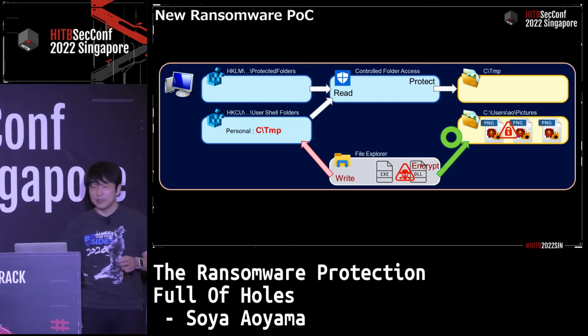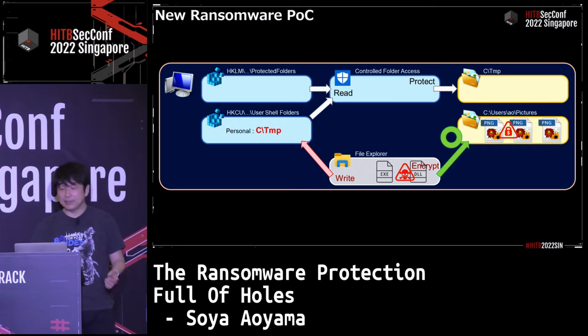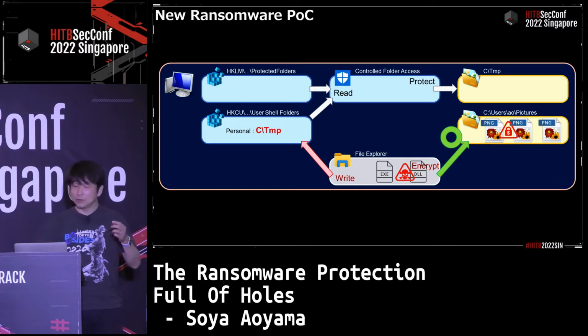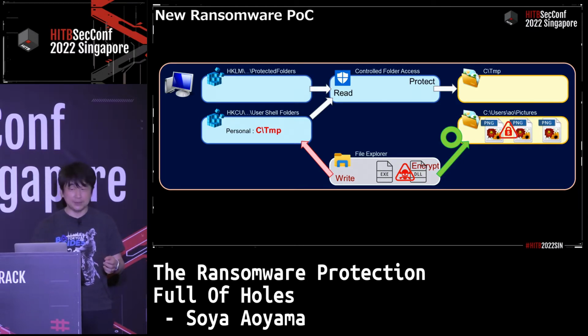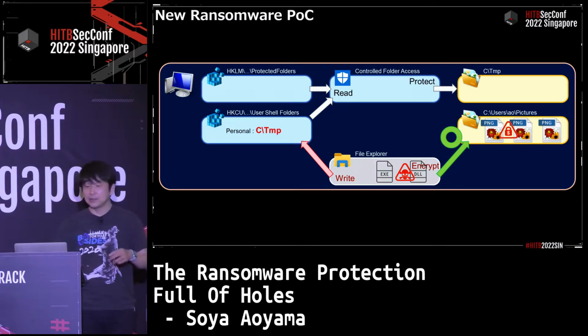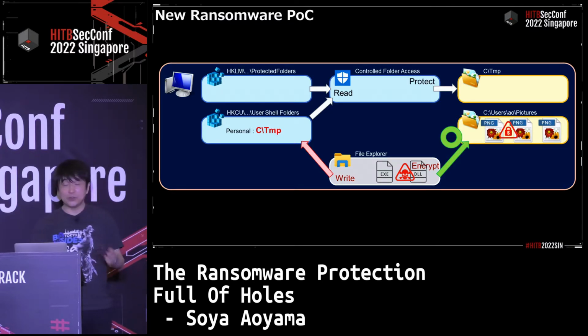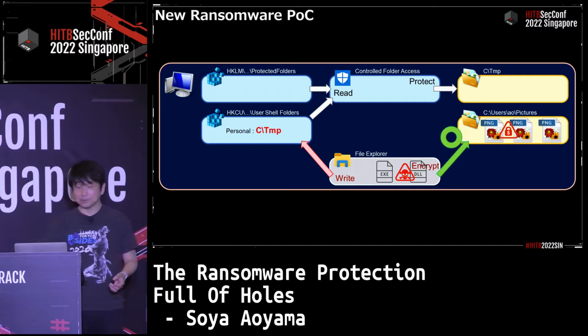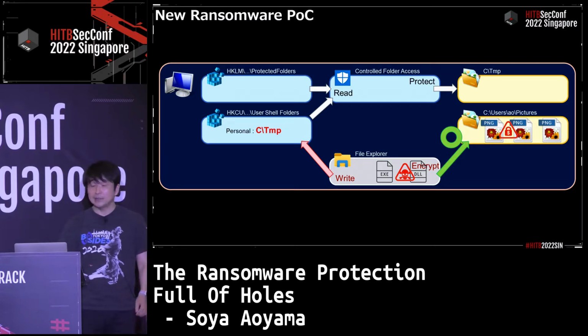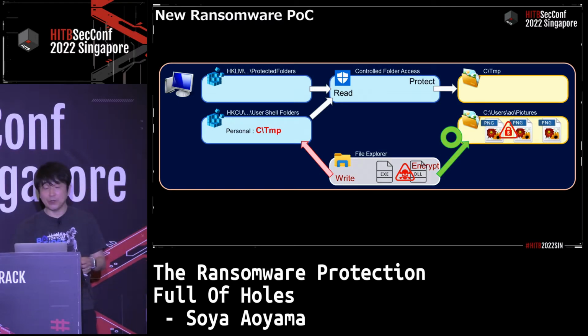However, if malicious apps change the location of the pictures folder, the folder protected by controlled folder access will change. But the files are not copied or moved. And since the folder before the change is no longer protected, it should be possible to encrypt the image files, right?